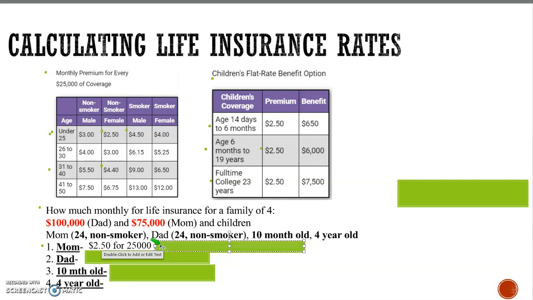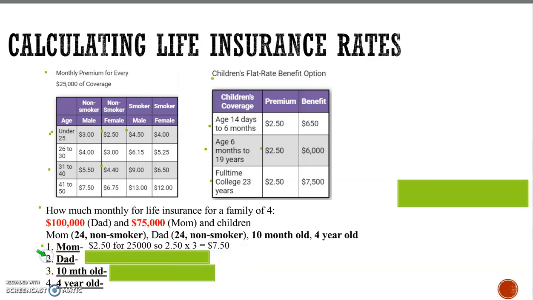But we want $75,000. So we want to buy 3 of those packages, right? 25,000 times 3 is 75,000. So I take my $2.50 and I multiply it by 3 in order to have $75,000 worth of coverage. So that means it will cost me $7.50 per month for $75,000 worth of coverage.